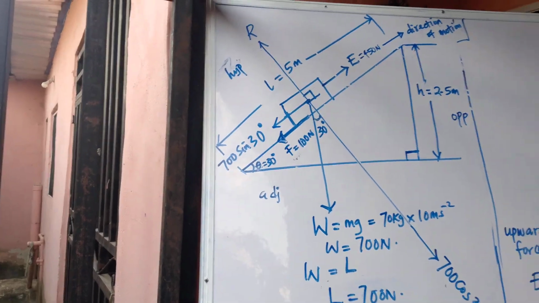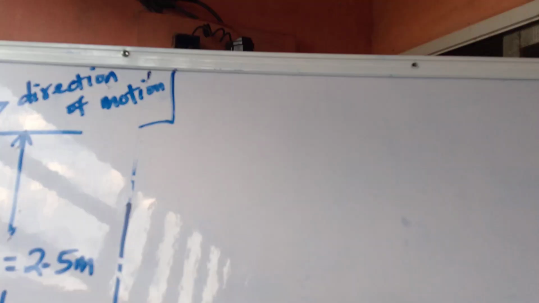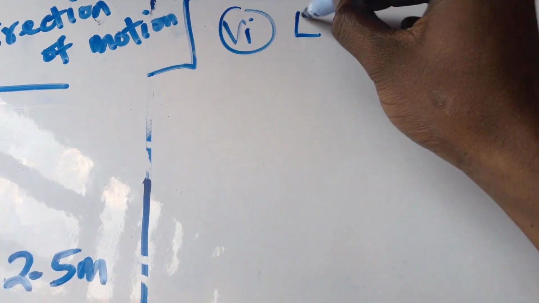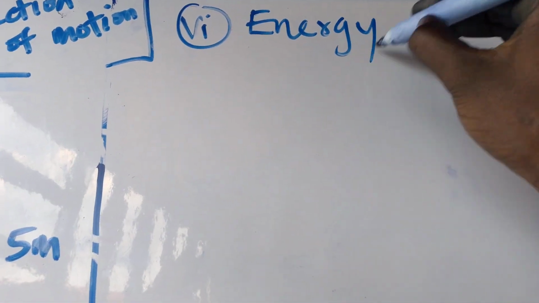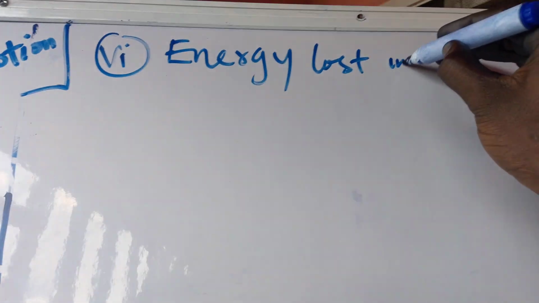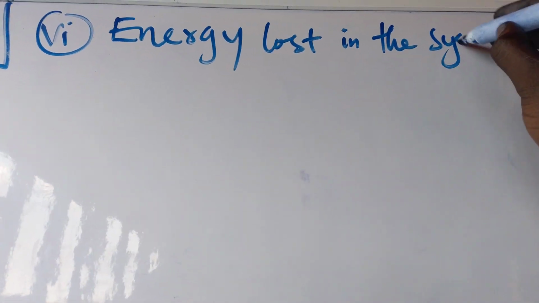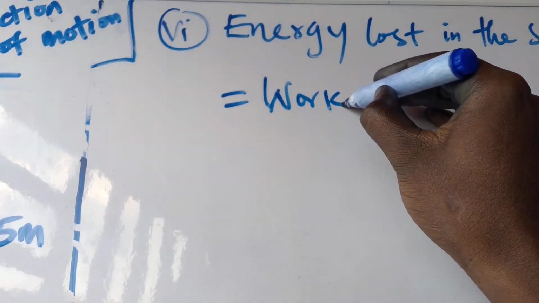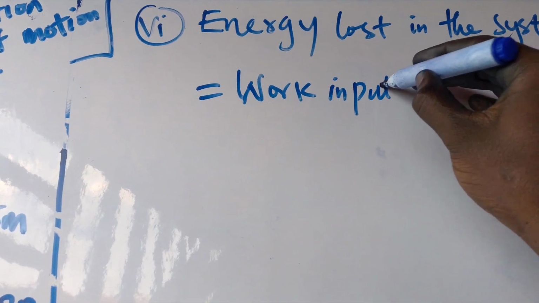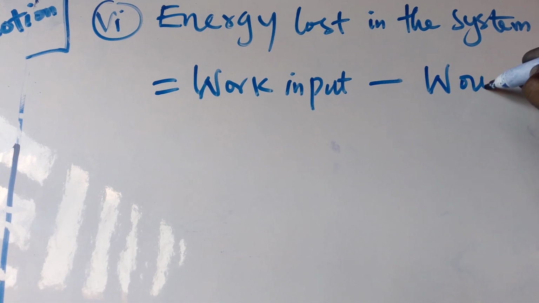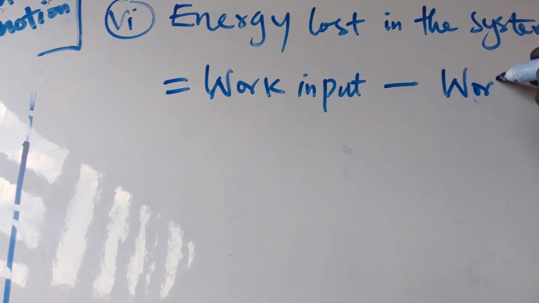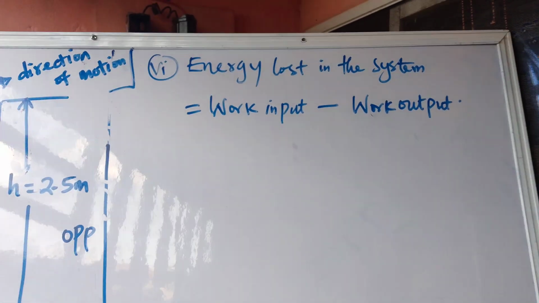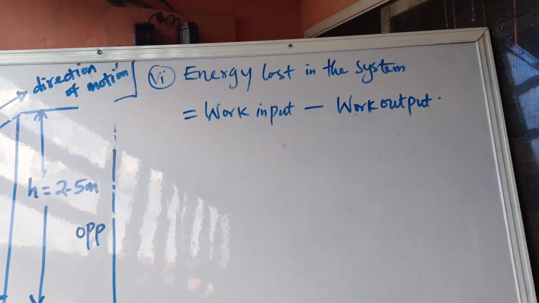Now the next thing they say we should find is the energy lost in the system. This is equal to the work input minus the work output.